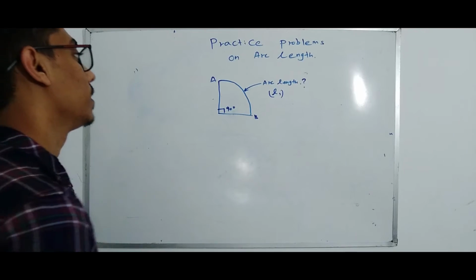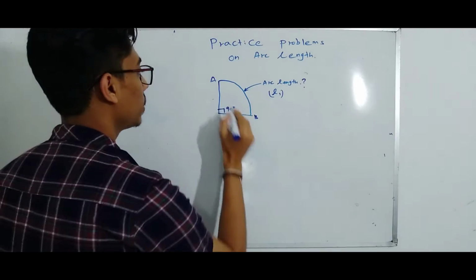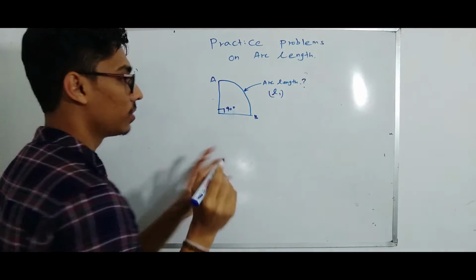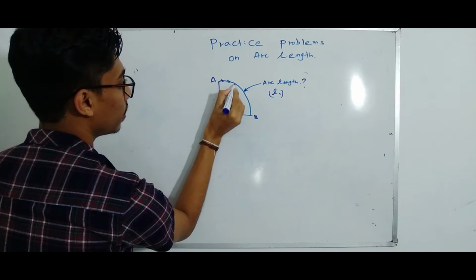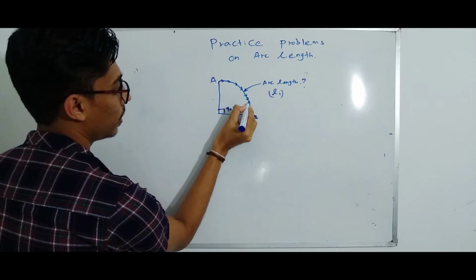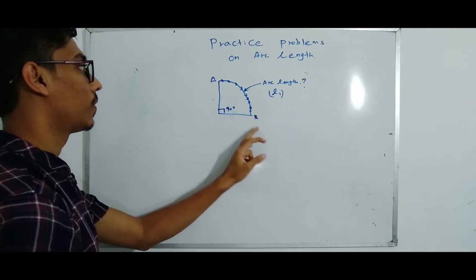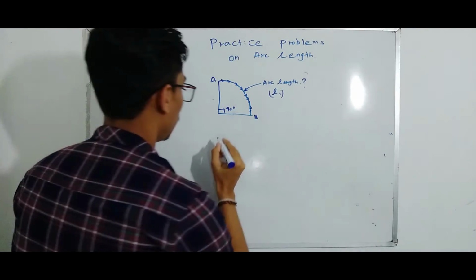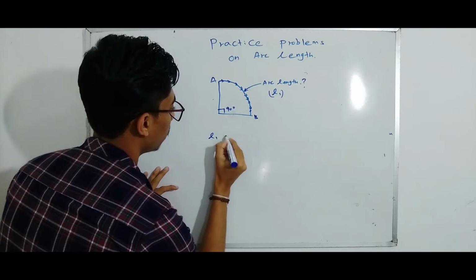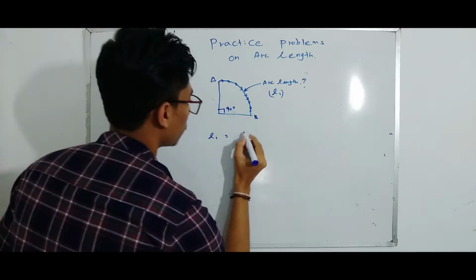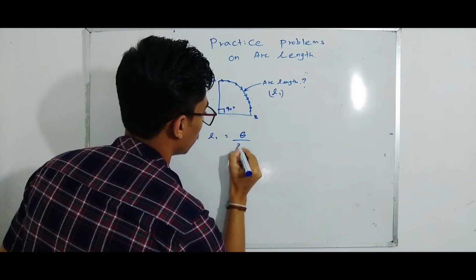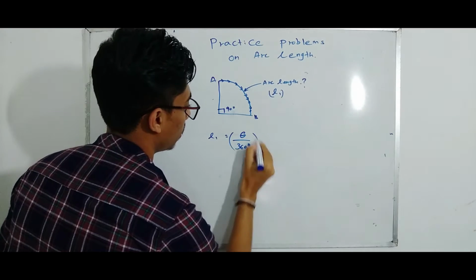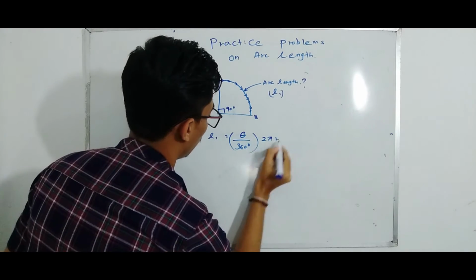How do we find this length? The length L1 represents the length from A to B. This length from A to B is the arc length of this sector. Let me write that for you. L1. Again, I use that equation: theta over 360 degrees into 2 pi r.